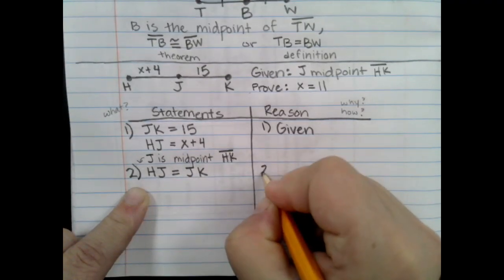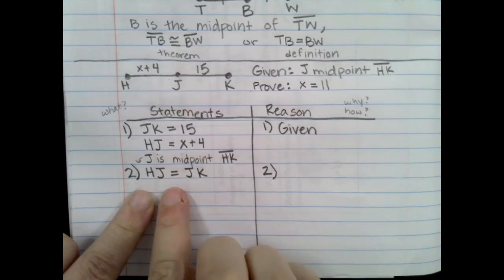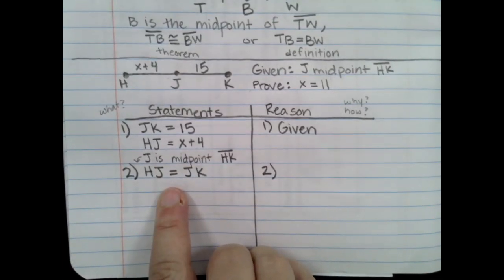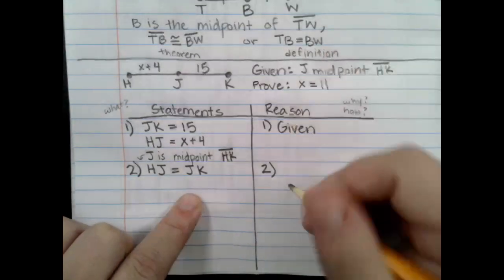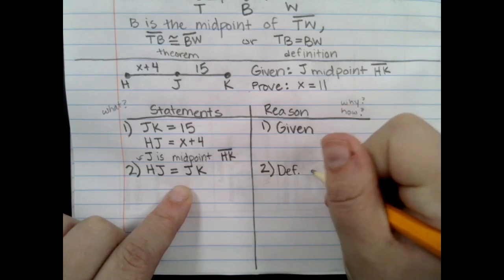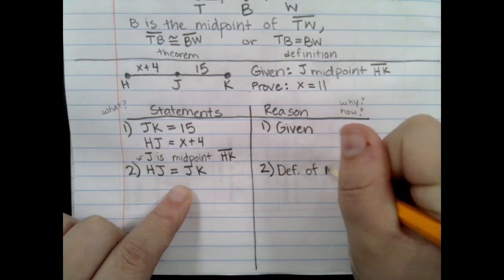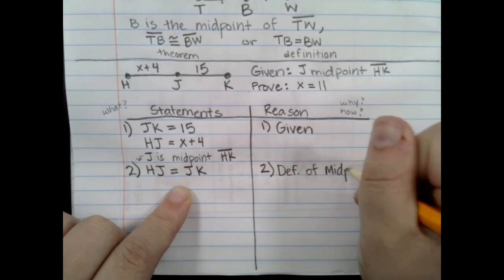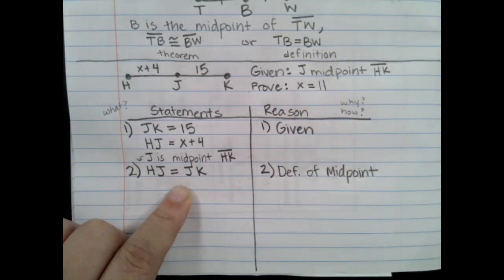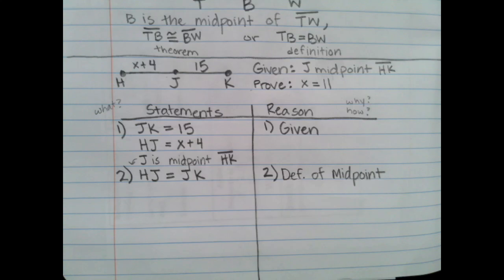Now, we went with the equals, so is that going to be the midpoint theorem or the midpoint definition? The definition. And so we're going to write definition of a midpoint. I'm just going to write def for definition of midpoint. If we had used a congruent symbol, then it would be the midpoint theorem, but we just went straight with equals, and that's fine.